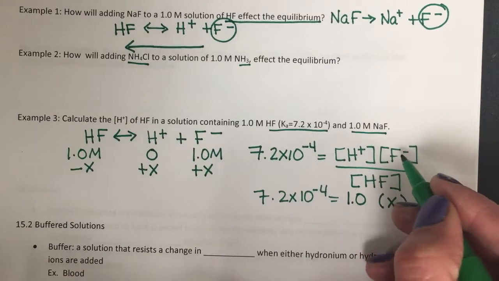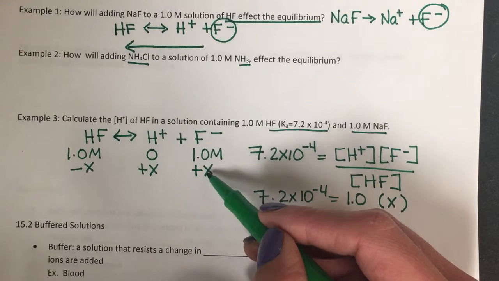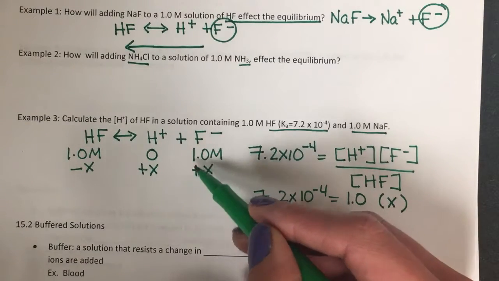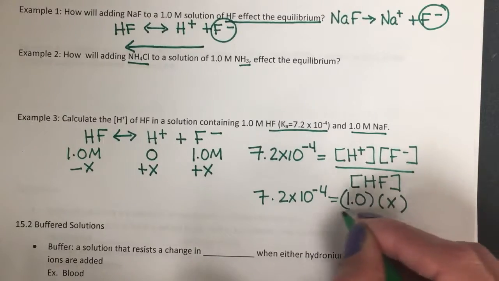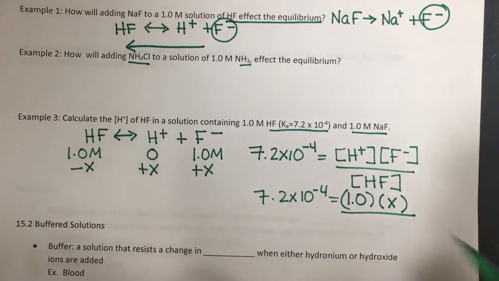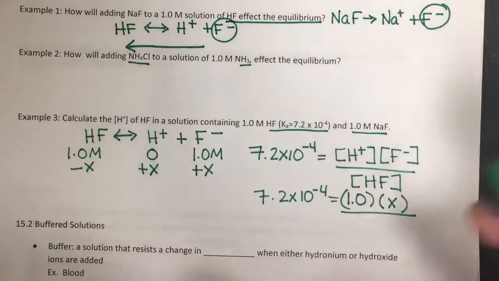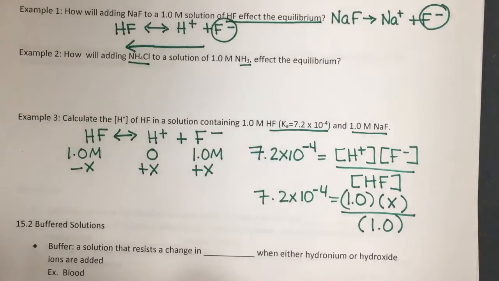F minus, I do know. F minus is 1.0 plus X. I'm going to ignore X, so that's the 1.0. And then, as I was saying before, my HF is 1.0 minus X. I ignore that minus X because it's not a big change.